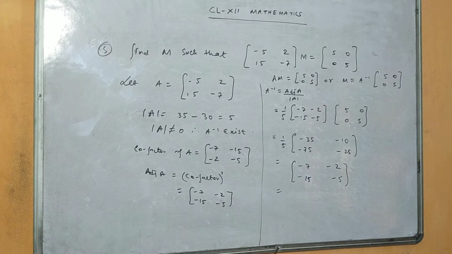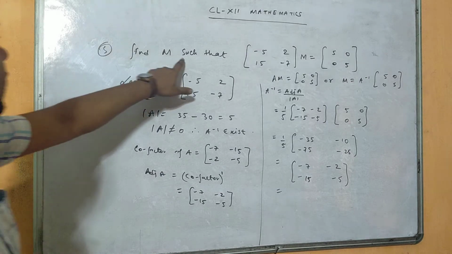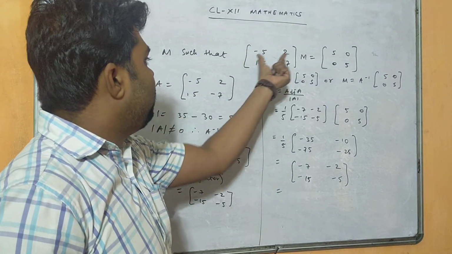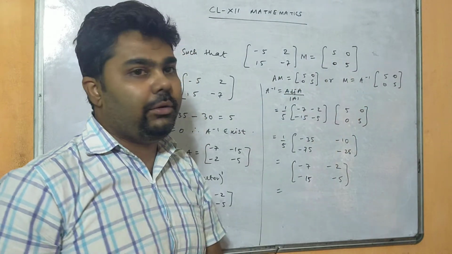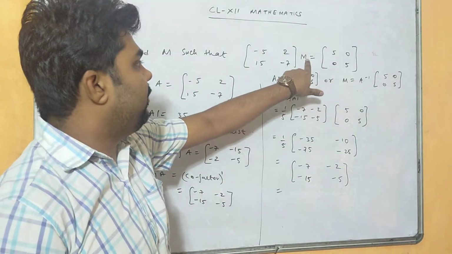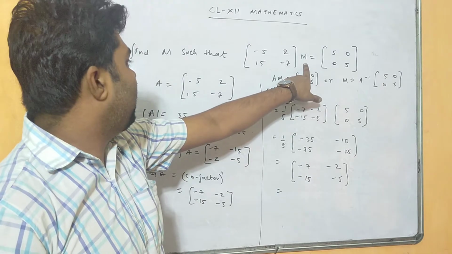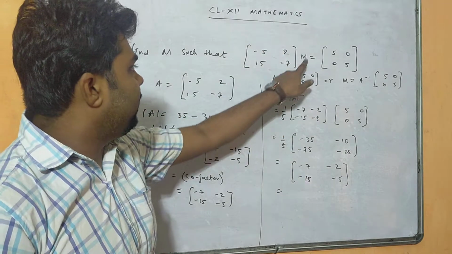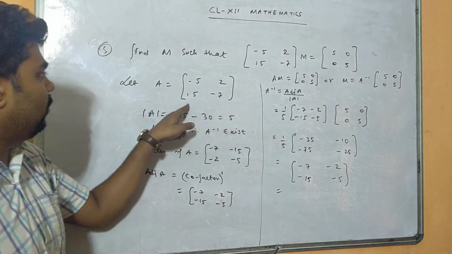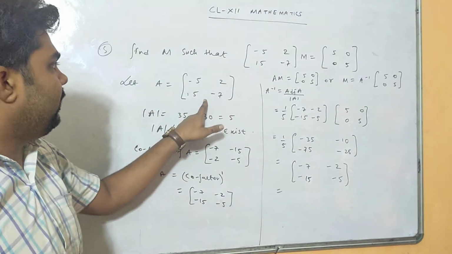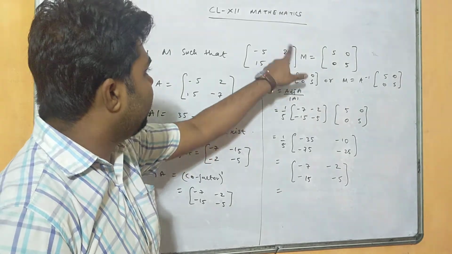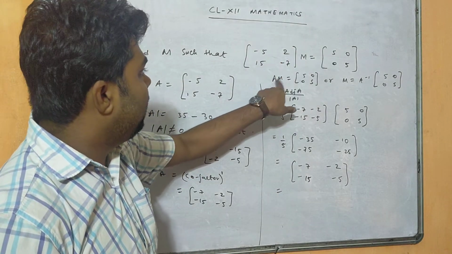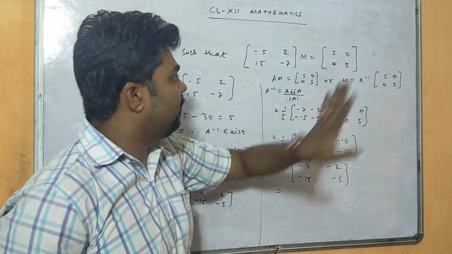Next question, we have to find the value of M such that the matrix [-5 -15; -7 M]... times M equals [5 0; 0 5]. We have to get the value of this matrix M, it is an unknown matrix. So let us consider this matrix to be A. If this matrix is A, then we can write AM equals [5 0; 0 5], right?